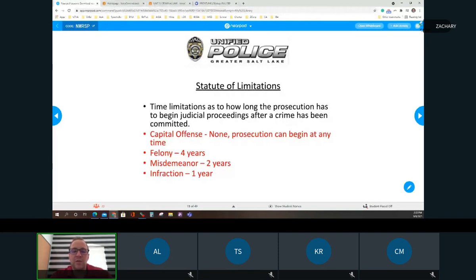A misdemeanor, 2 years, a felony, 4 years, but a capital offense, remember how we talked about capital offenses before, like murder, aggravated assault, burglary, all that kind of stuff, auto theft, that never goes away. So that's why you see sometimes on the news, like a cold case has been broken and maybe new DNA has been found and they found the murderer after like 30 years. That's because there's no statute of limitations on that law.